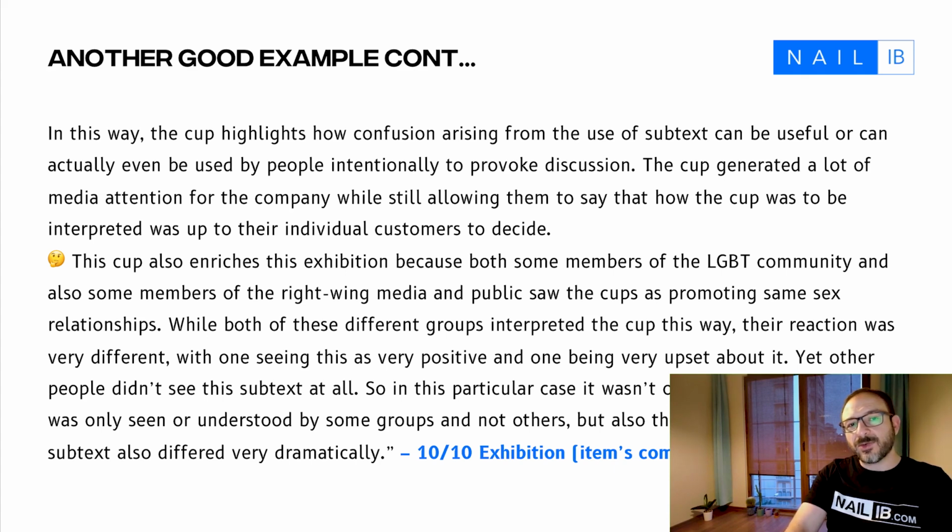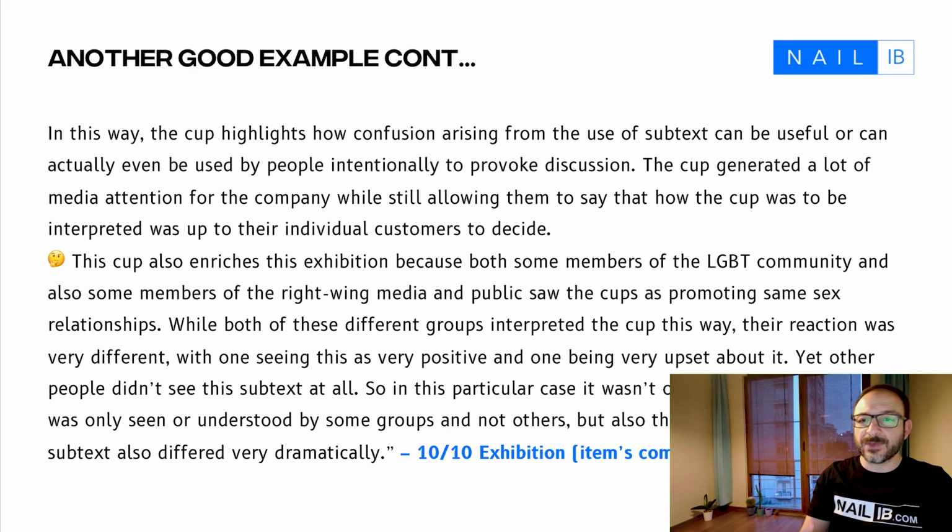This cup also enriches this exhibition, again justifying the inclusion of the object in the exhibition, because both some members of the LGBT community and also some members of the right-wing media and public saw the cups as promoting same-sex relationships.